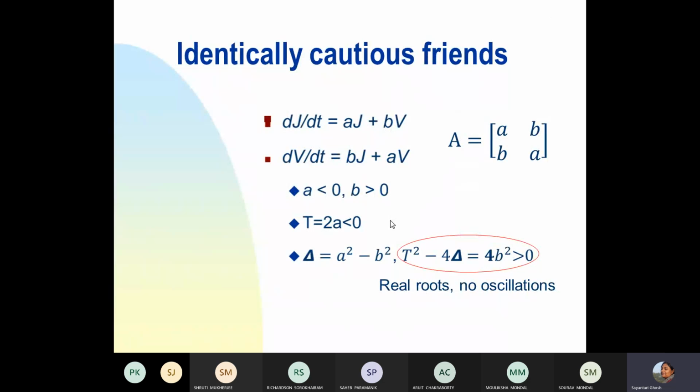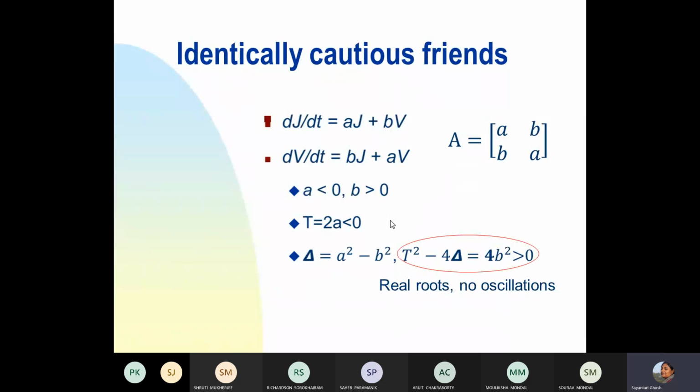If his self-consciousness becomes more than his response to Viru's behavior, then you are bound to go to a direction where you will no longer remain friends.